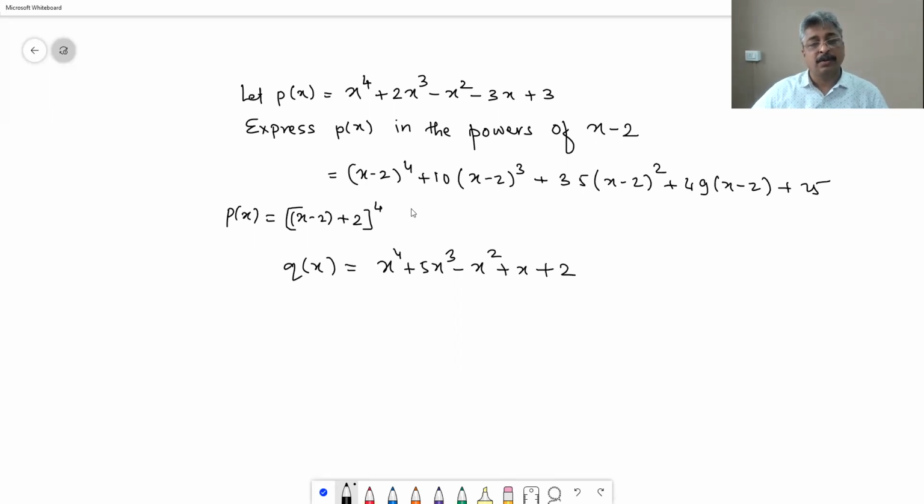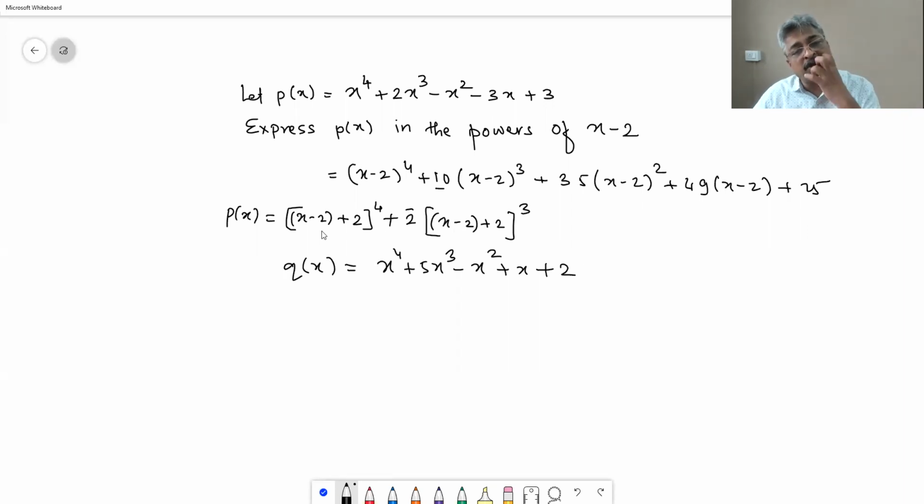Let me just check this time. The second term will be 2 times x minus 2 plus 2 raised to 3. Again a binomial for the cubic: the first term will be x minus 2 bracket cube, and its coefficient will be 2.